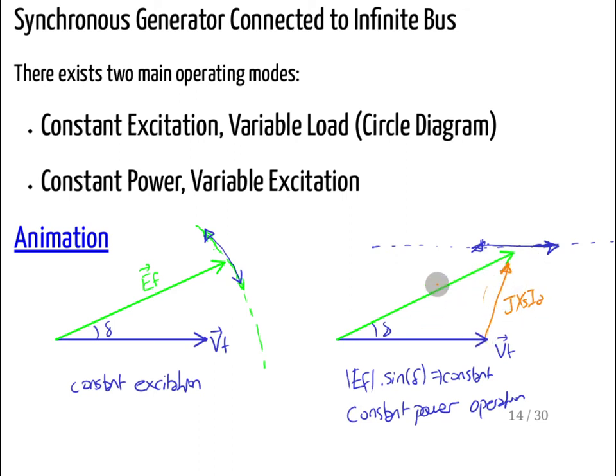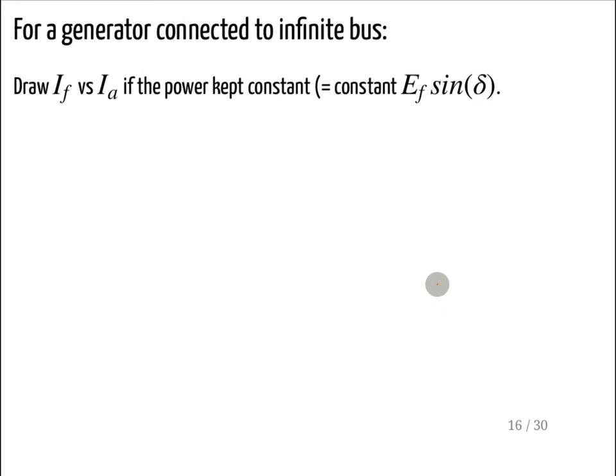Let me draw it here. So we have Vt here, that is constant and we cannot move that one, and that is our EF at first.